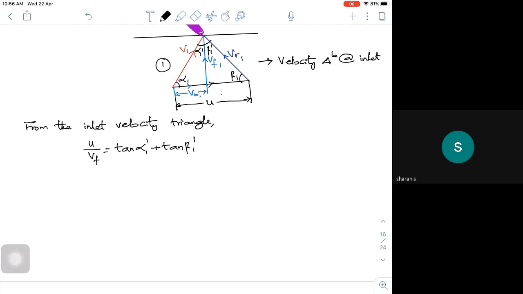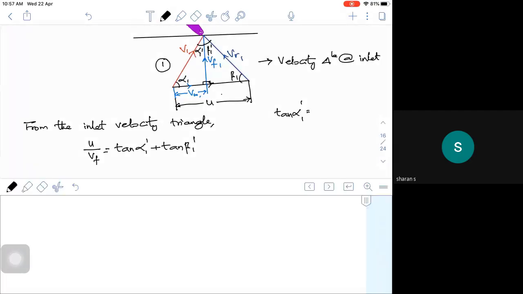You can try the derivation at home. What is tan alpha 1 dash? Since this is exactly 90 degrees, tan alpha 1 dash is VW1 by VF1.